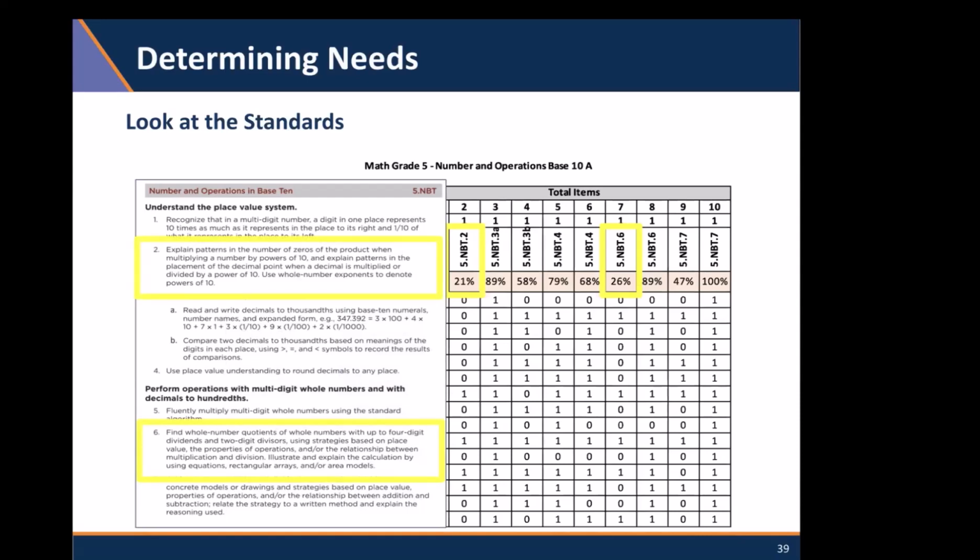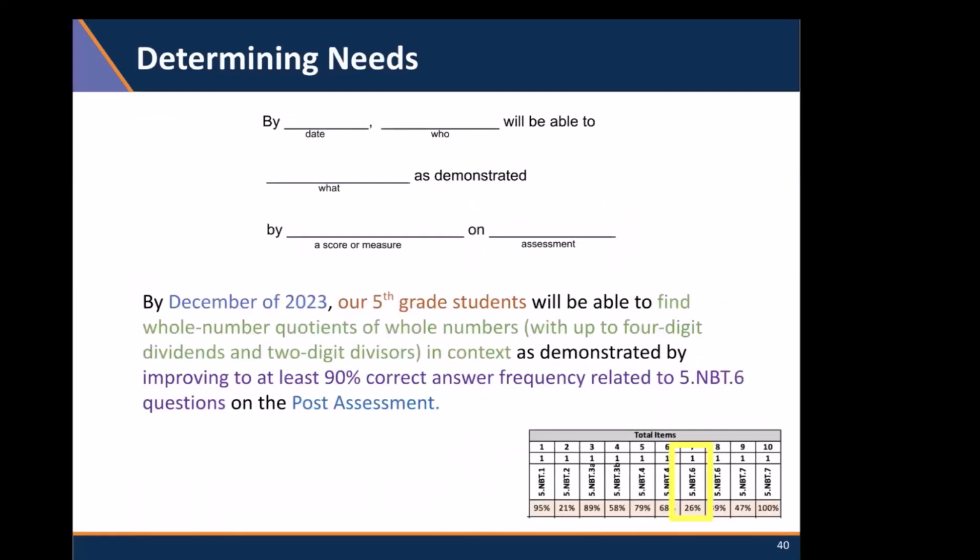We determine that, based on our instruction and what we do throughout the year, finding whole number quotients with up to 4-digit dividends and 2-digit divisors is something we want to focus on for the year. So we've created our cycle 1 goal.